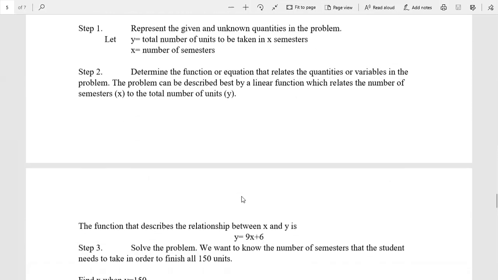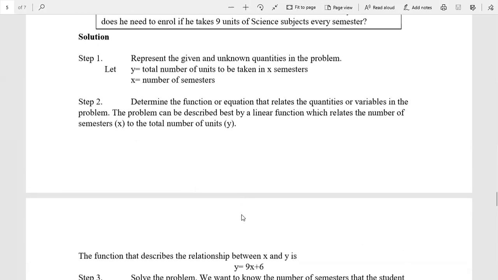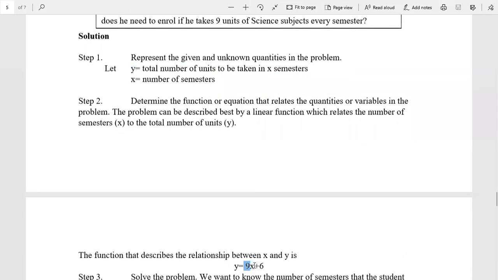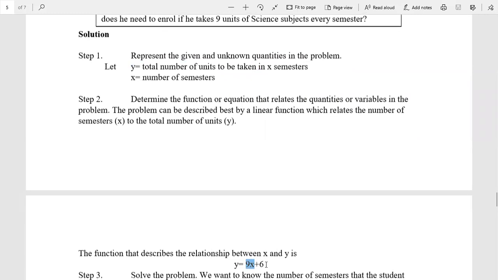The function that describes the relationship between x and y is y equals 9x plus 6.